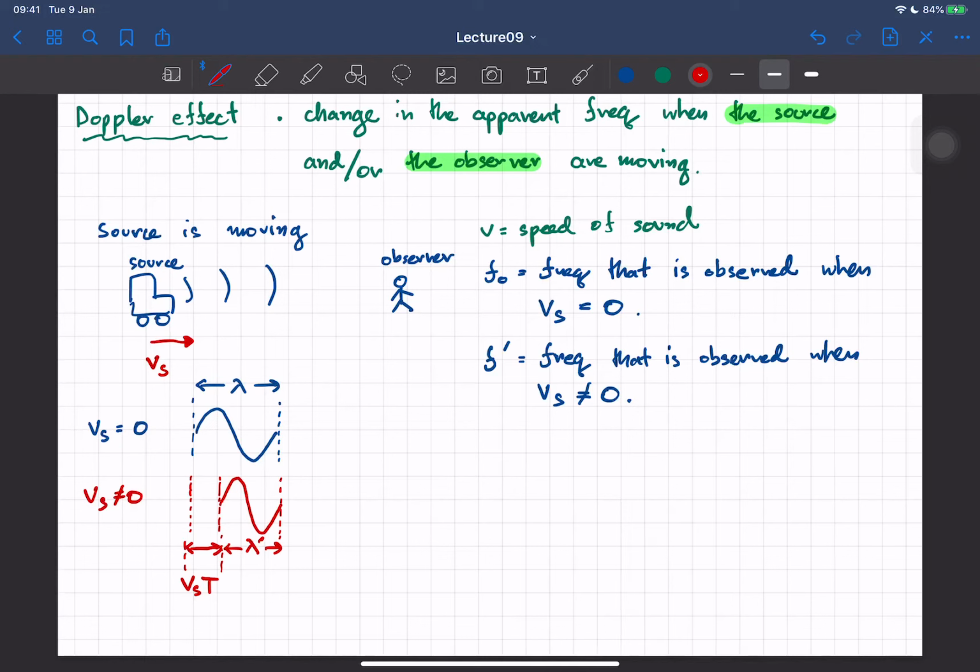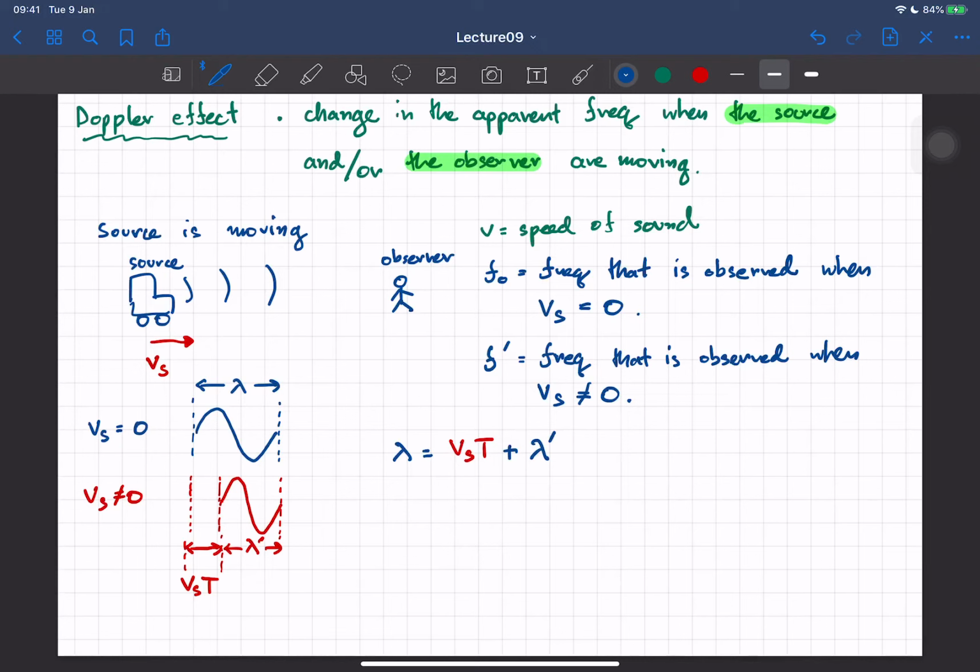So if we combine these two pictures together, then the lambda of the wave, which is this thing, is equal to Vs times T plus lambda prime, using the picture that we have here.